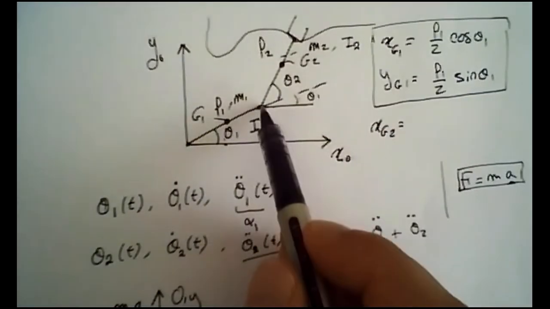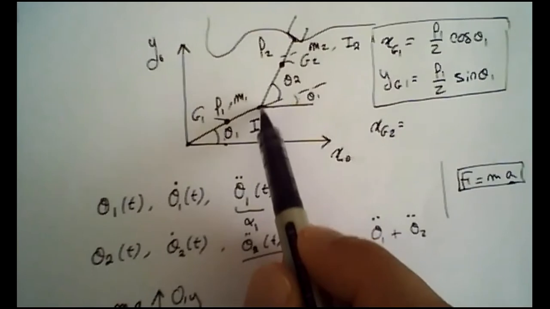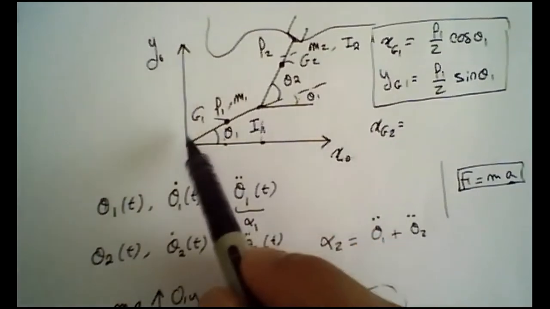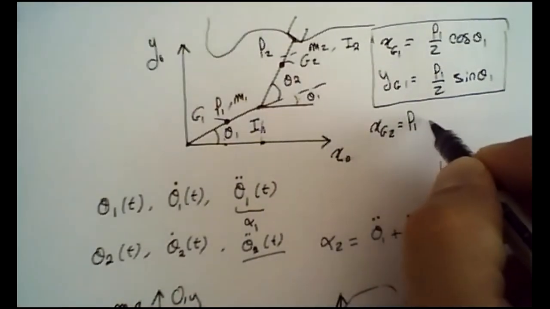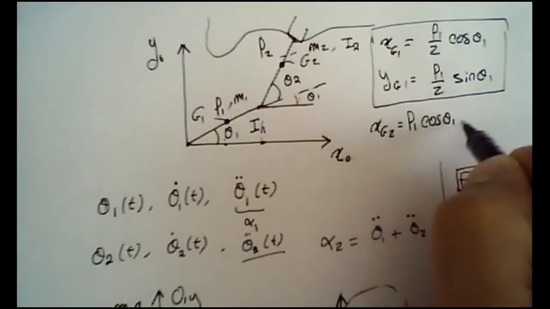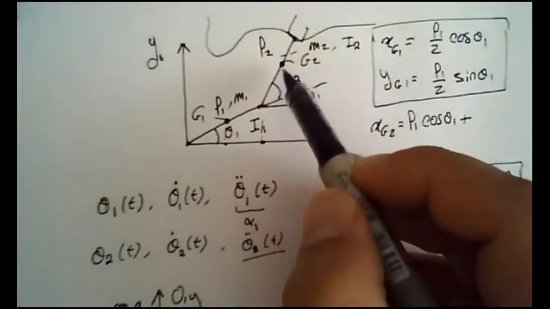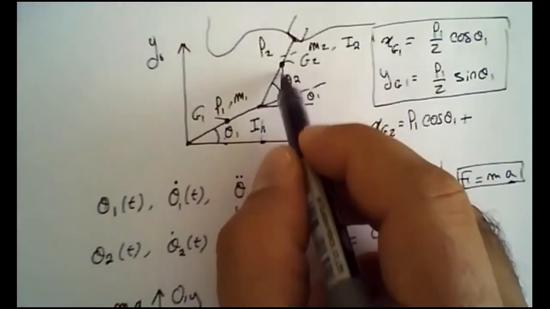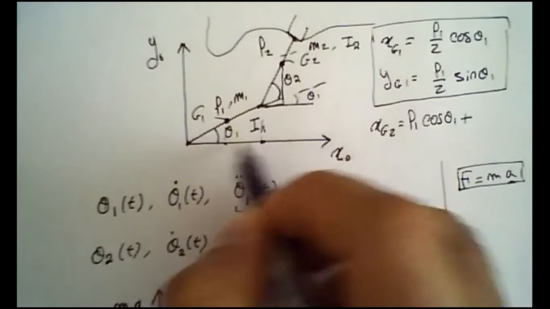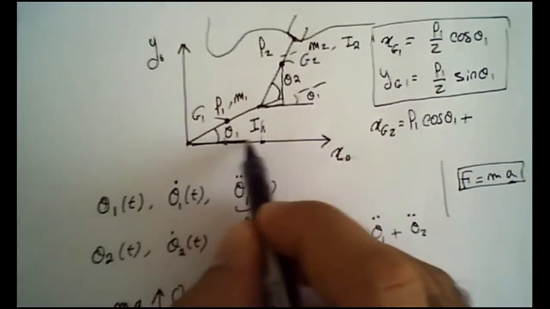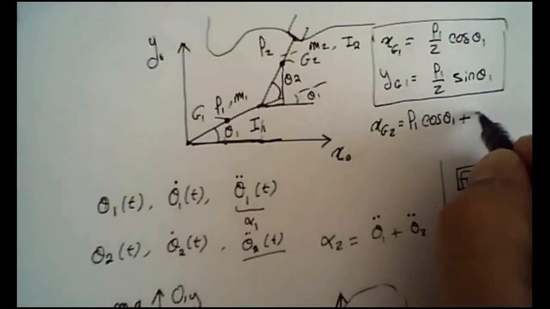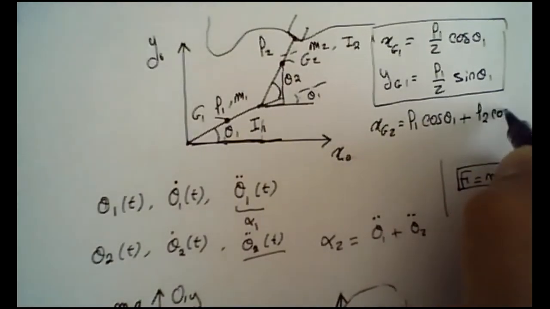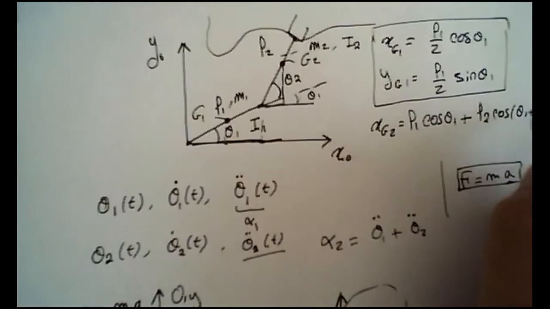It's equal to the x coordinate of this point, which is L1 cosine theta 1, plus the component from here to here, which is L2 cosine of theta 1 plus theta 2.